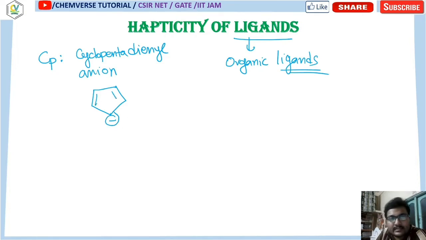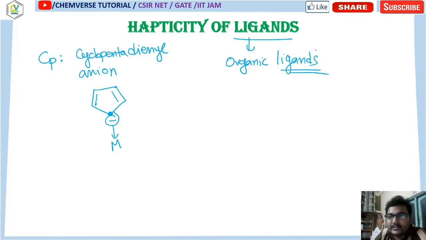Now, what is the case? This negative charge can donate electrons to the metal and form a bond, so it can form a complex. Now the point is, how many centers? Only one carbon center is donating.